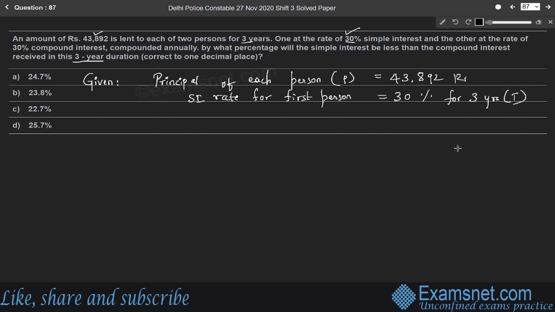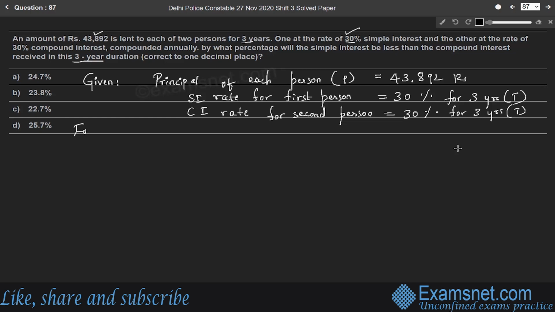And the second interest, what is that? The compound interest rate for the second person is again 30%, which is also for 3 years. Capital T, right?